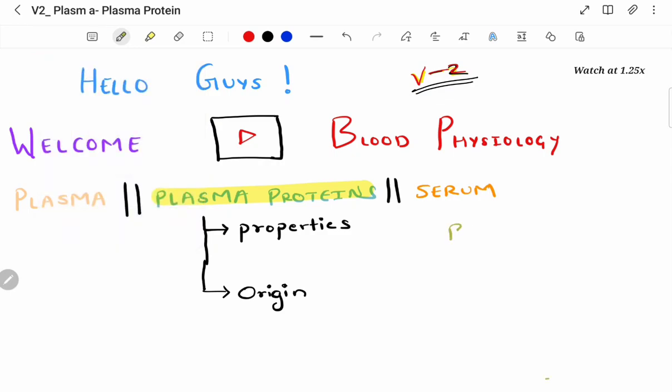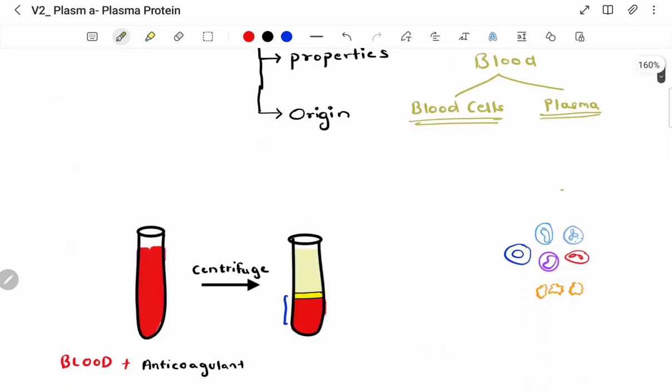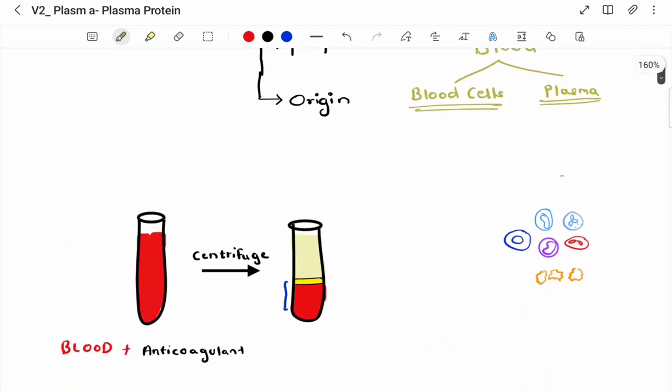I told you guys that blood is formed from two parts: formed elements known as blood cells and fluid matrix which is known as plasma. Suppose we collect blood in a tube and centrifuge it for 30 minutes at the speed of 3000 revolutions per minute.